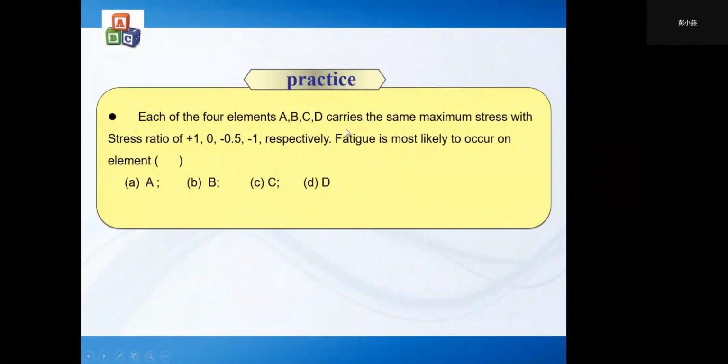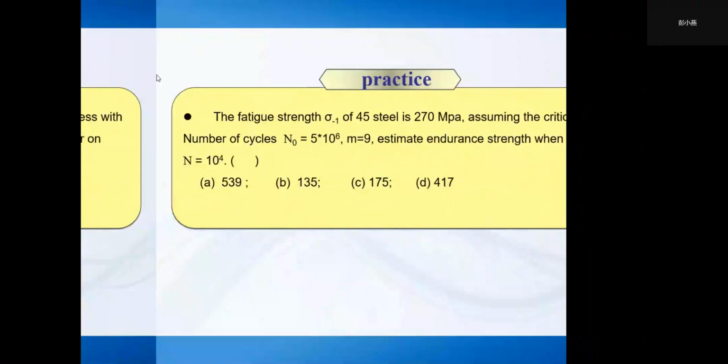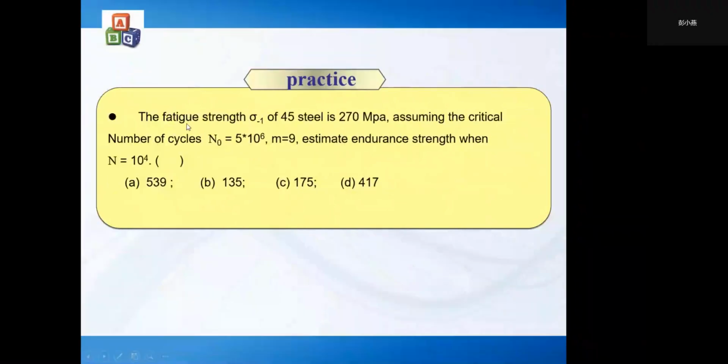Oh, no. This is too difficult. Let's do this. The fatigue strength sigma minus 1 is the fatigue stress with the cyclic number n0. For 45 steel it is 270 megapascal. Assume the critical number of cycles n0 is this.